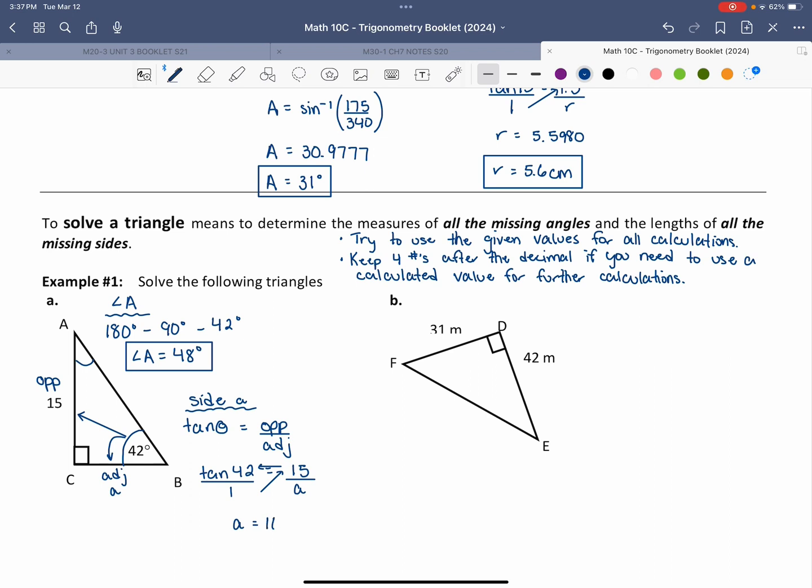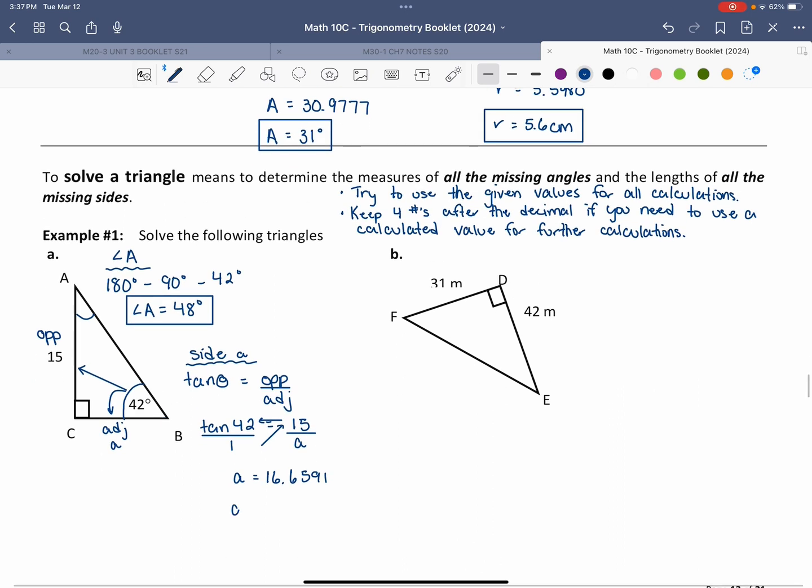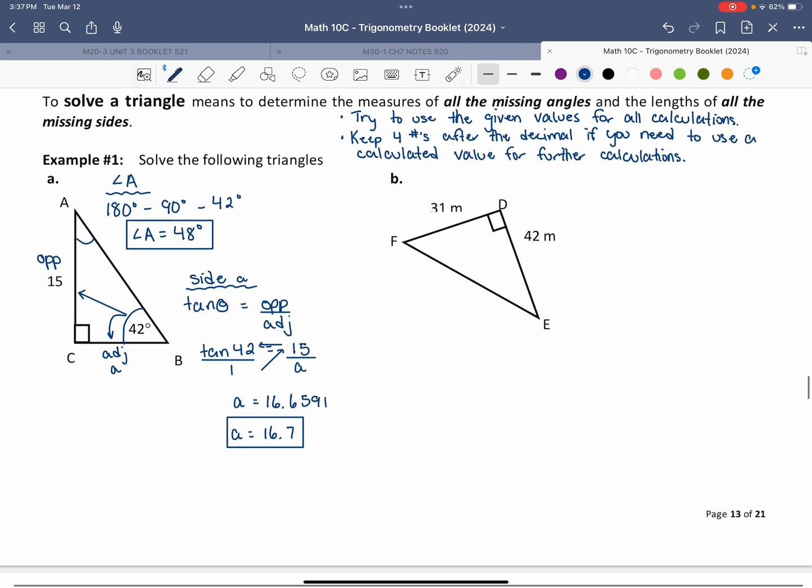That gives me 16.6591. Rounding to the tenths place for side lengths is 16.7. And then lastly, we need side C, which is the hypotenuse.